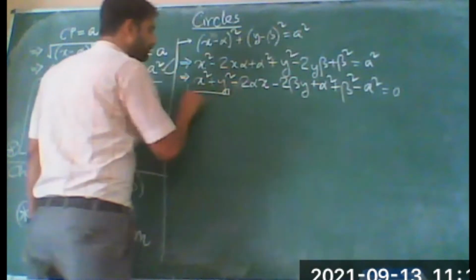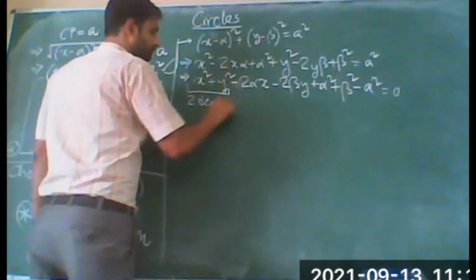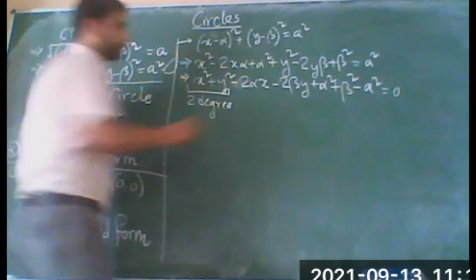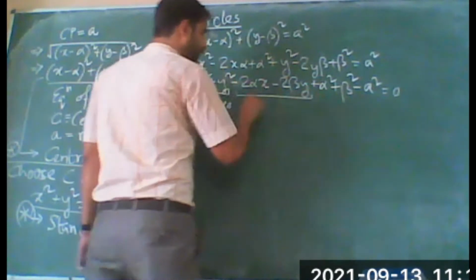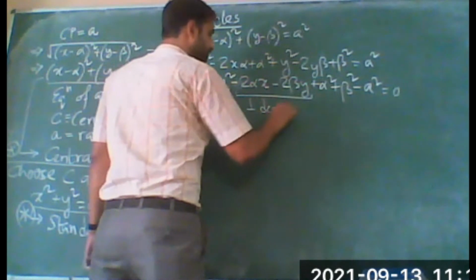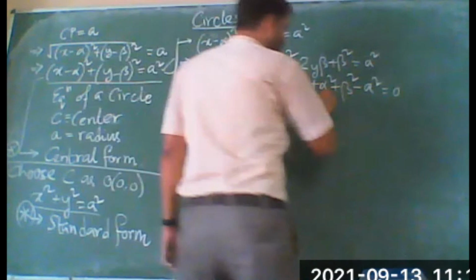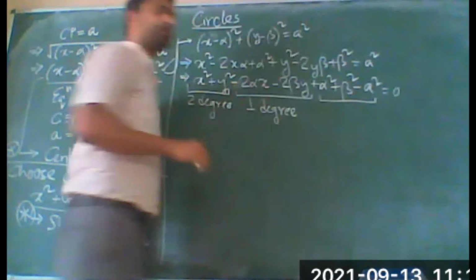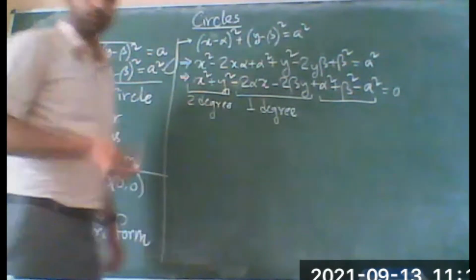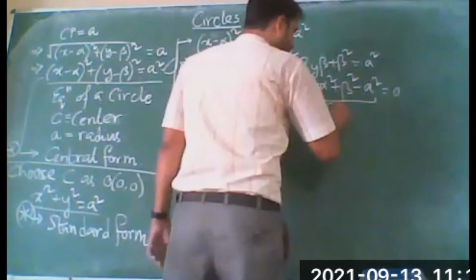These are all the 2-degree terms. These are all the 1-degree terms. And these are the 0-degree terms, because 0-degree means a constant. So these are the constant terms.